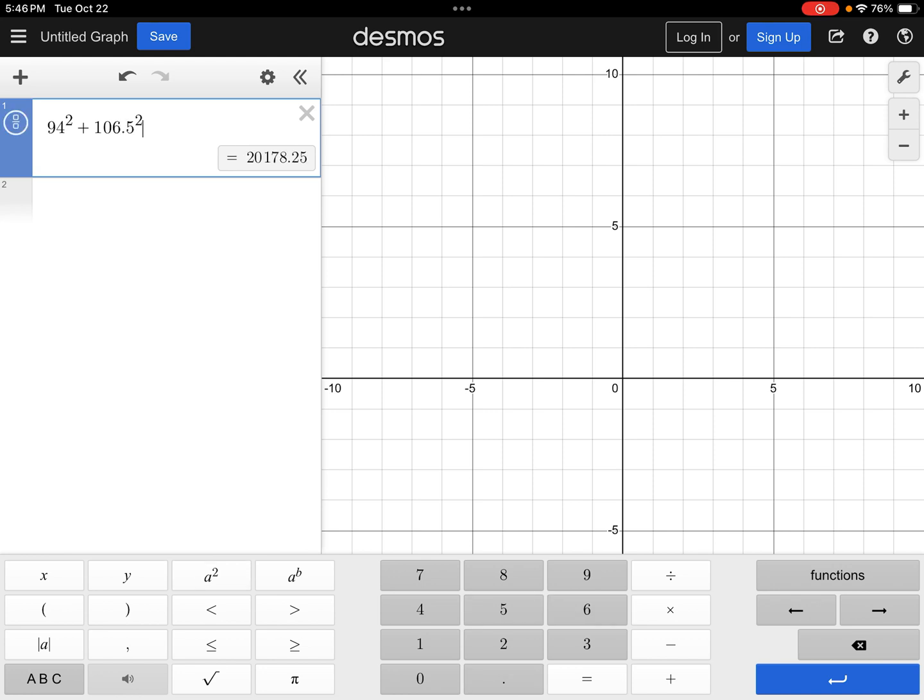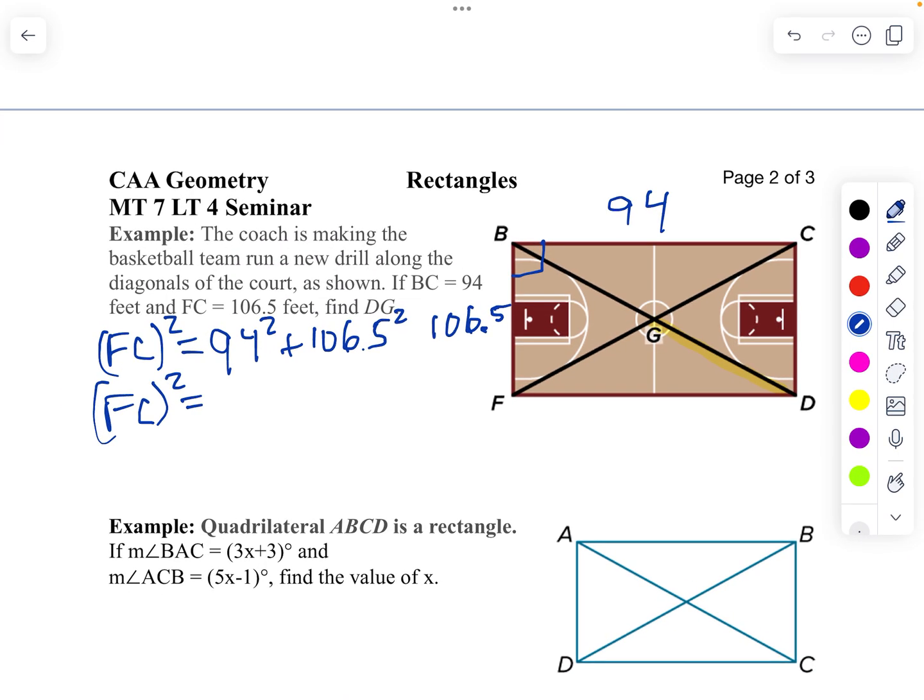So notice we get about 20,178. I'm going to keep that number in the calculator, but I'm just going to say 20,178 right here. So to find F to C, we'll take the square root of that.